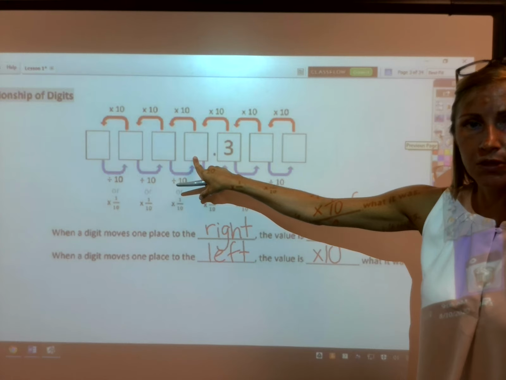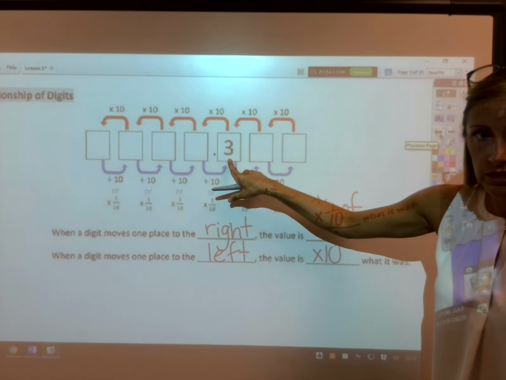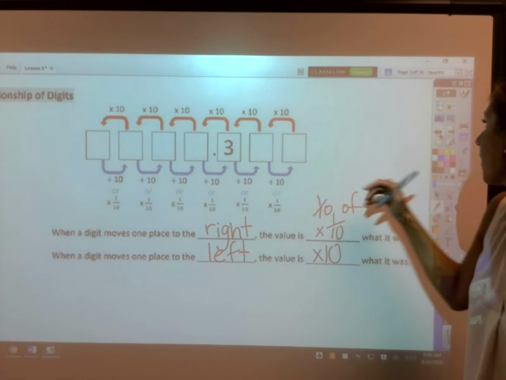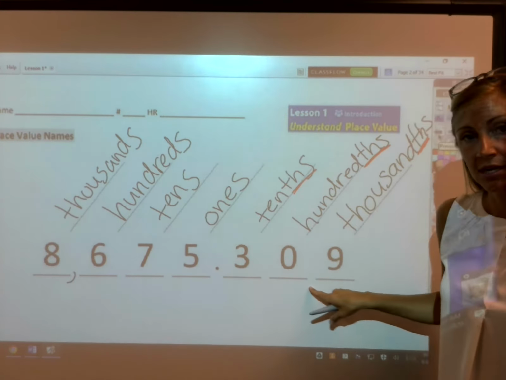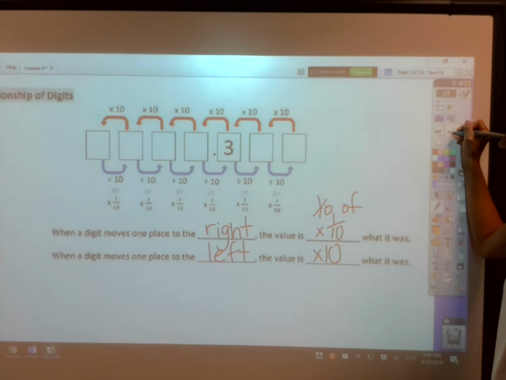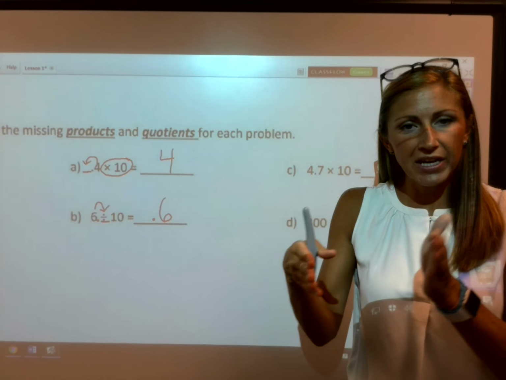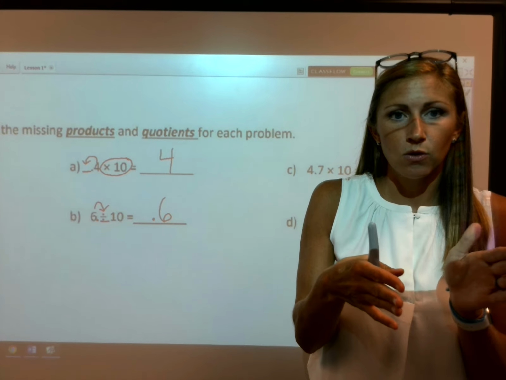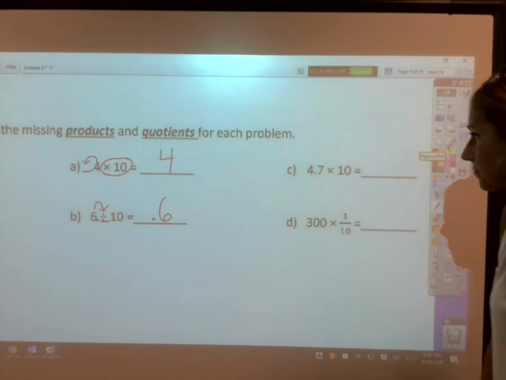For example, it was 6 wholes, and actually do that movement and see, okay, now I'm in this place value. You could even go here and see the different slots to help you visualize where that digit is moving to. So every single place value is worth 10. Depending on which way I'm moving, it's moving to that next place value.